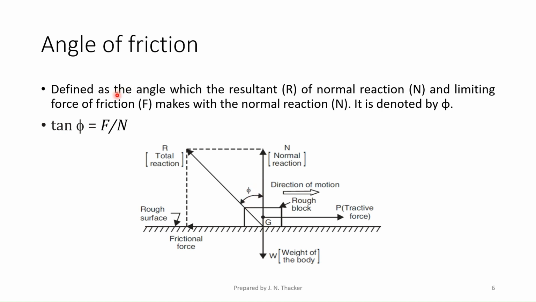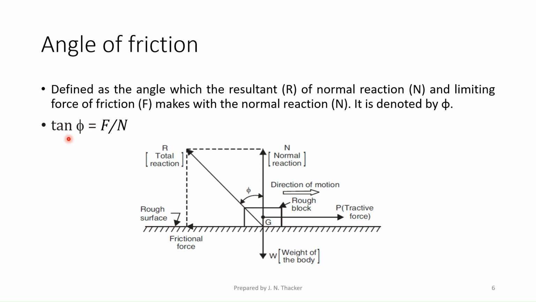So, angle of friction is defined as the angle which the resultant R of normal reaction and limiting force of friction makes with the normal reaction. But to understand what this force R is, you need to understand this whole figure and all the forces acting on it.